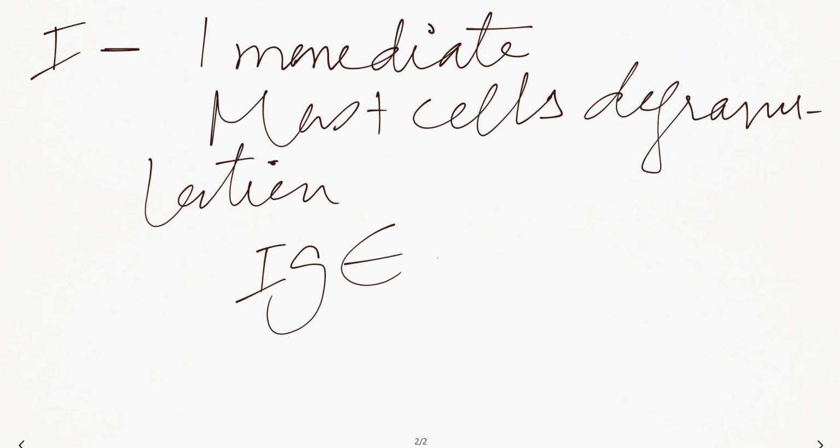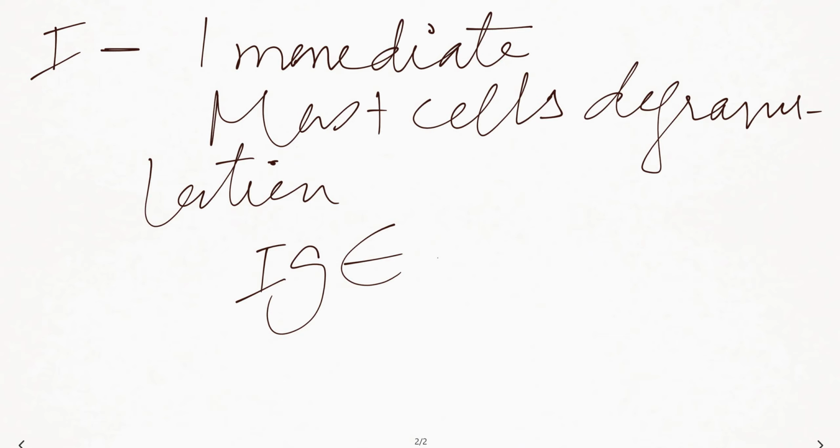The signs and symptoms occur immediately when the person is exposed to the stimulus. This is the mechanism: the mast cells degranulate and lead to this reaction, and this degranulation is mediated by immunoglobulin E.